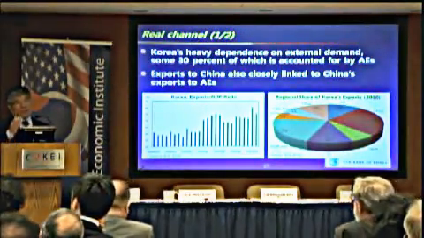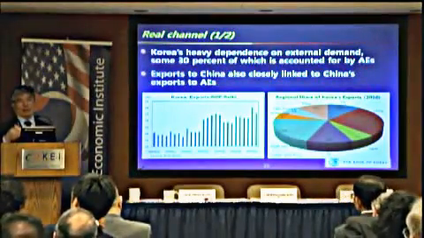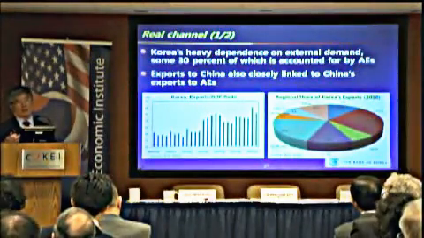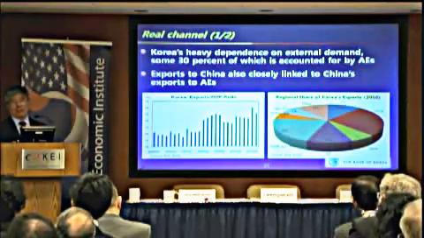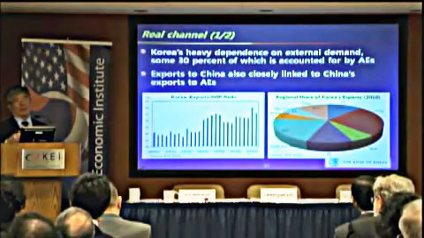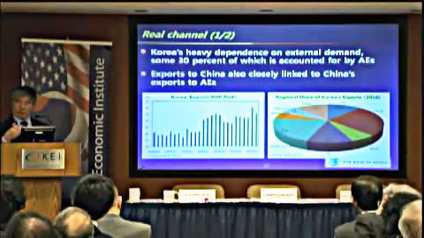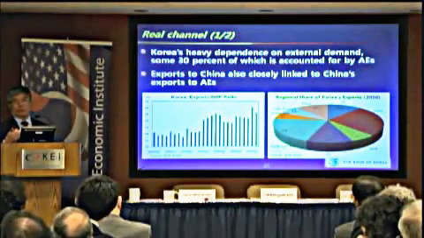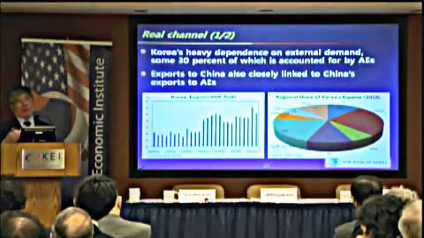Some people say that if the Chinese yuan appreciates, Korea's exports to China will increase. In a two-country model, of course, that must be the case. But as I said, half of them are exported to a third country. That means that nearly half of our exports to China are intermediate goods or parts.